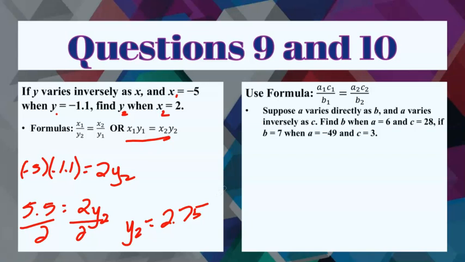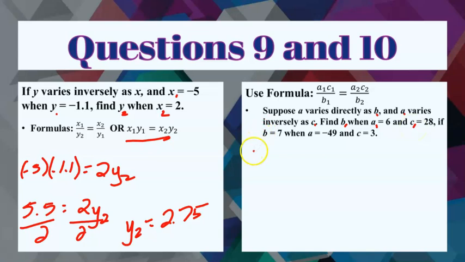But in order to get the constant by itself, I'm going to divide by b. So that's why I have a subscript 1 divided by b subscript 1.